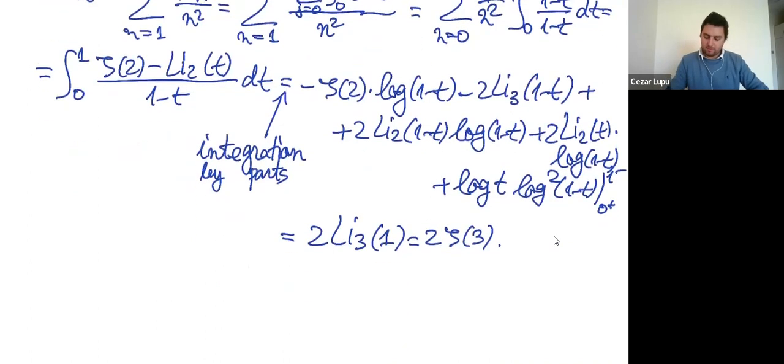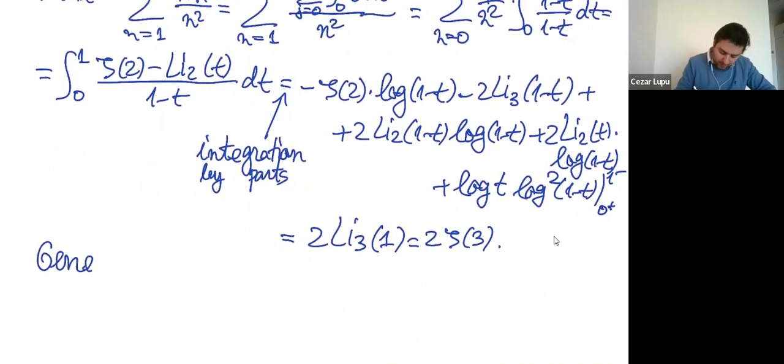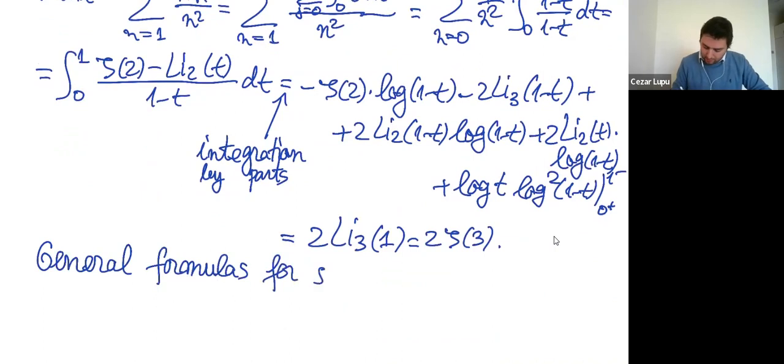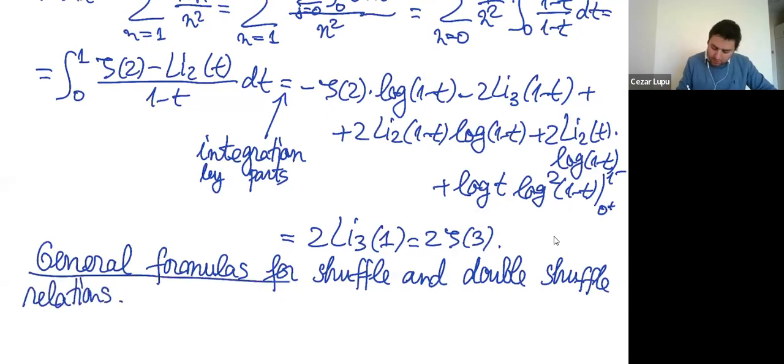We have seen just a particular case for zeta of 2, but since we're dealing with low weight, I want to discuss general formulas for shuffle and, to be more exact, double shuffle relations, because we already know about shuffle.